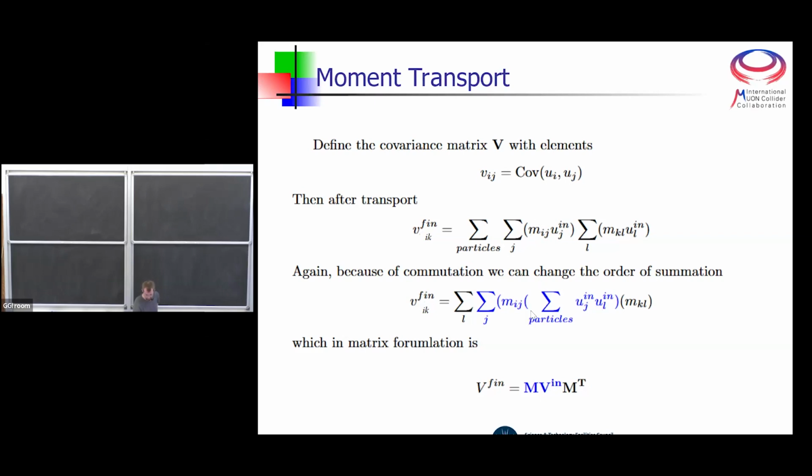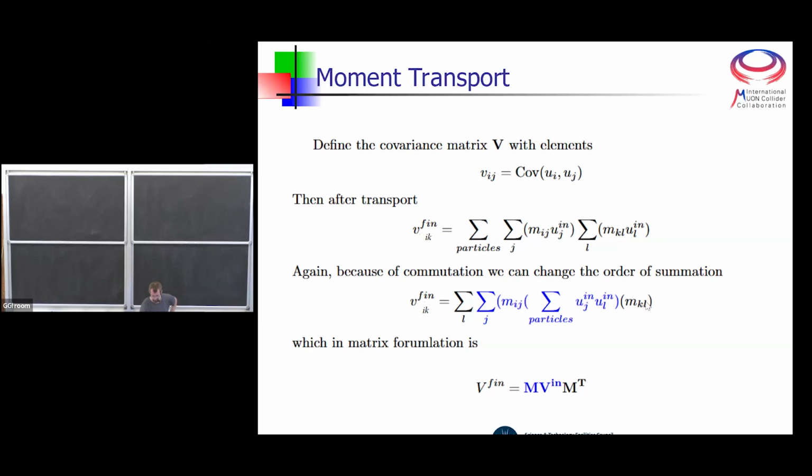So if we put a bracket around this summation here over all particles, well, this is the covariance of the initial coordinates. We have a transfer matrix at the beginning. So we just move this transfer matrix and move the particle sum inside, move this transfer matrix outside. And then we're going to have this transfer matrix element at the end.